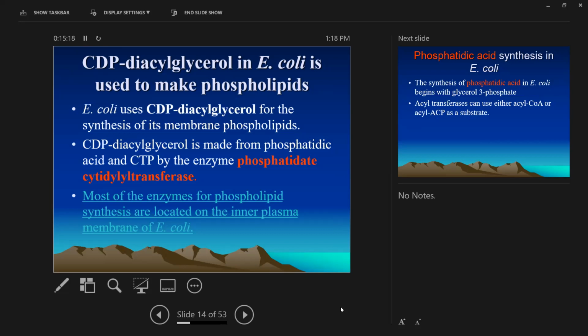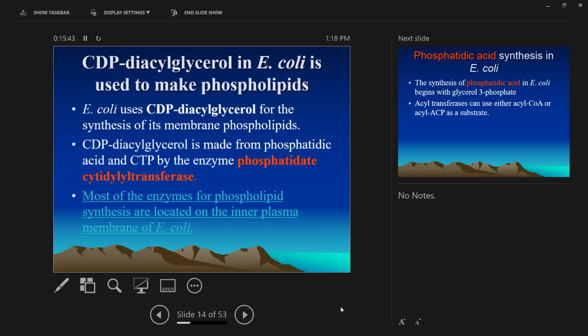And they make CDP-diacylglycerol from phosphatidic acid and CTP by this enzyme, phosphatidate cytidylyltransferase. Very heavily conserved enzyme in bacteria.